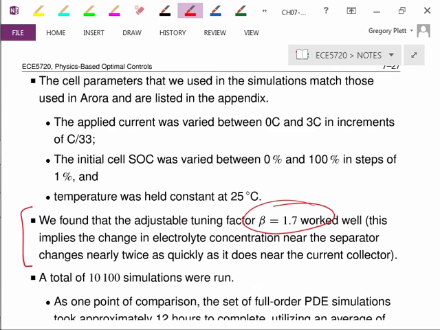There's no way that we figured out to automatically compute this number, though. We found out that for these simulations, beta equals 1.7 worked fairly well. And it roughly implies that as I apply a charge pulse, the electrolyte concentration near the separator changes nearly twice as quickly as it does near the current collector, is roughly what that beta factor means.